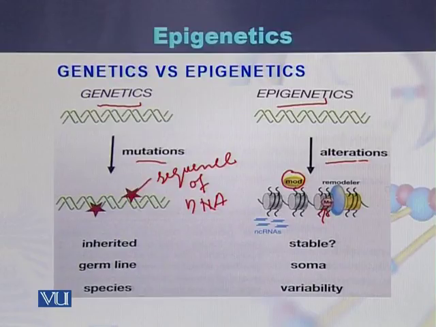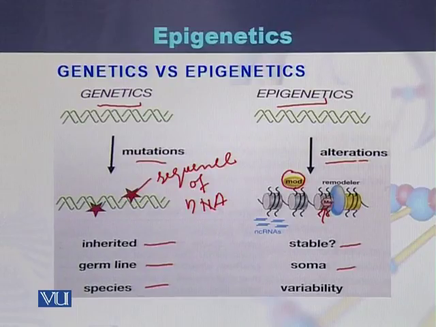In genetics, the change is inherited, present in the germline cells, and it is in the species. While in epigenetics, it is stable in the somatic cells, and there is variability between cells and between individuals.